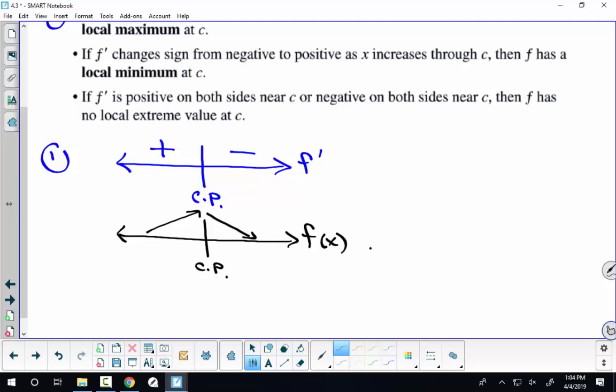So, a more exaggerated version of that, you're looking at something that increases and then decreases. We have this peak here at this value, which corresponds to that critical point. So that's actually how we tell whether or not a critical point corresponds to a local minimum or a maximum, right? Because critical points were only candidates for local minimums or local maximums.